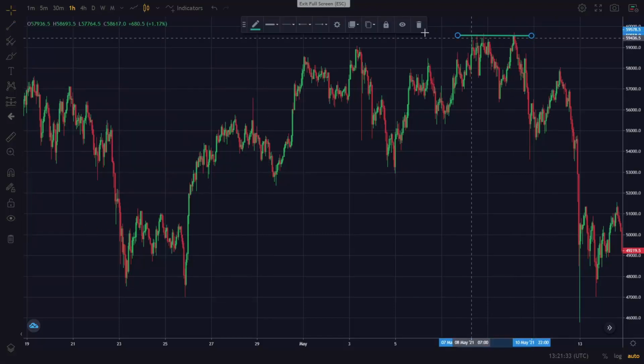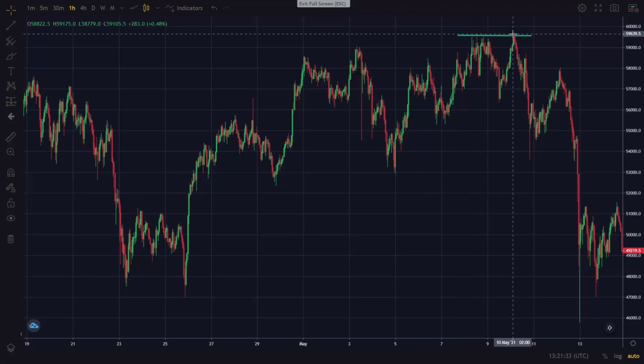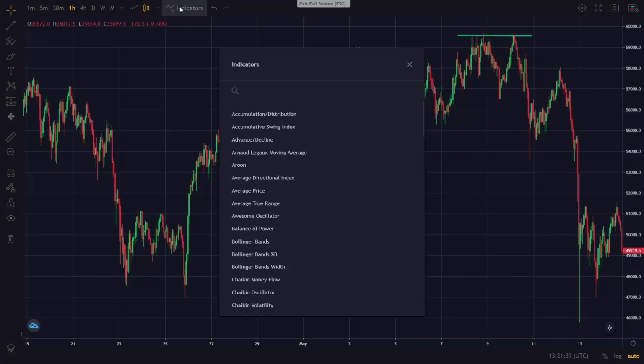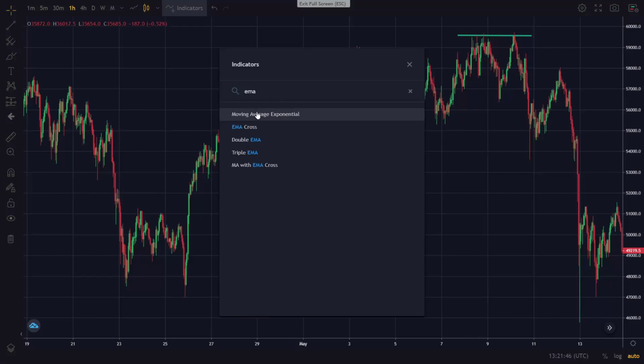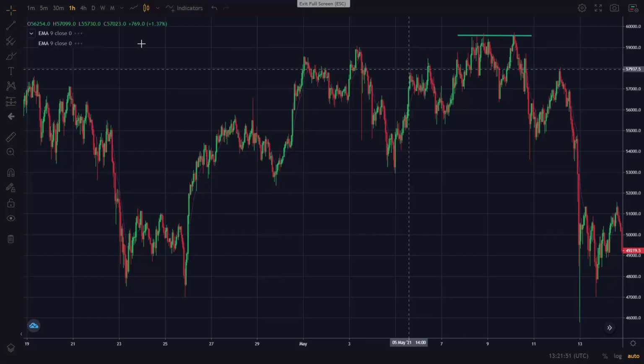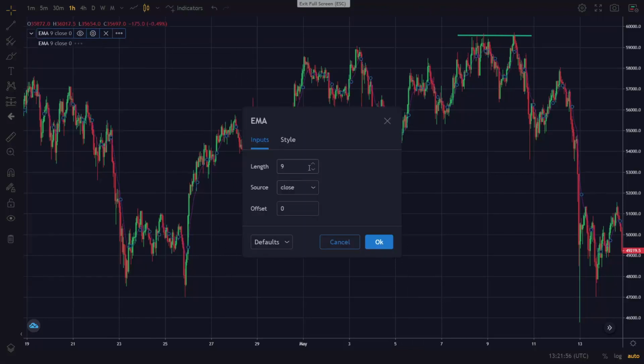Now once again, the bounce does not necessarily mean that the trend has reversed. We are going to come back to indicators and put in two exponential moving averages, or EMAs, and set one to be a 10 period EMA and the other one to be a 20 period EMA.